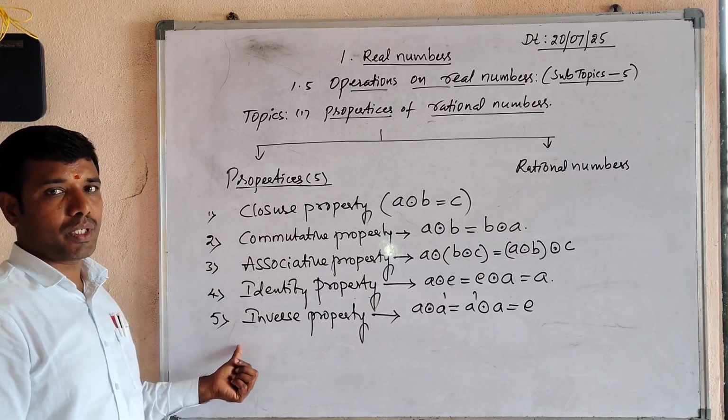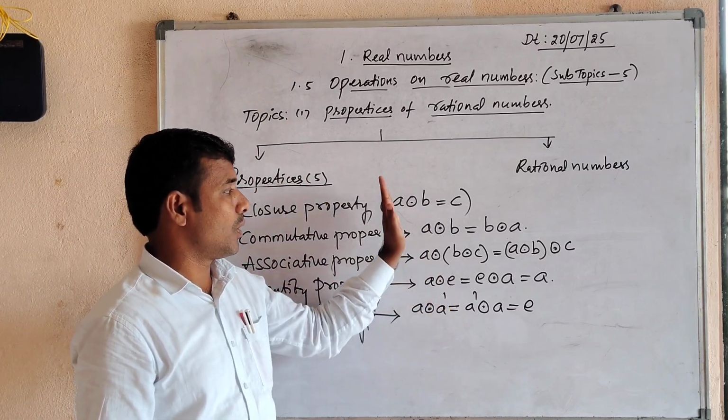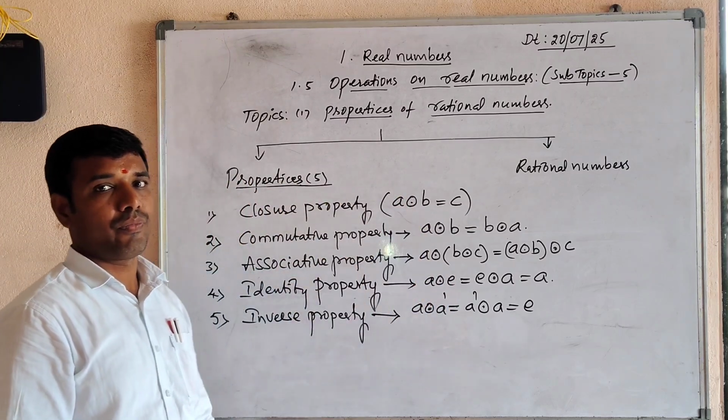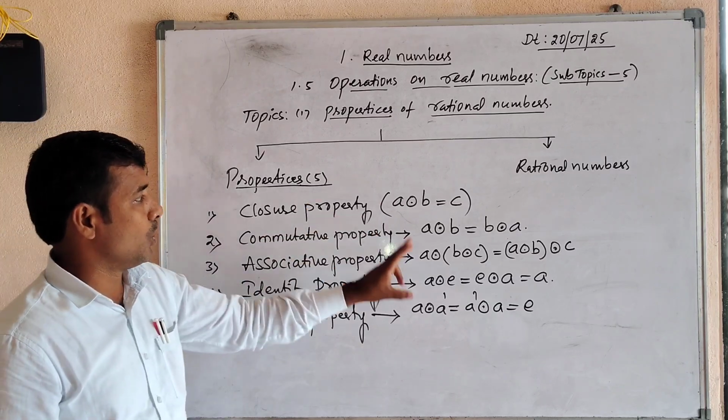These are the 5 properties and their rules, their general structures.